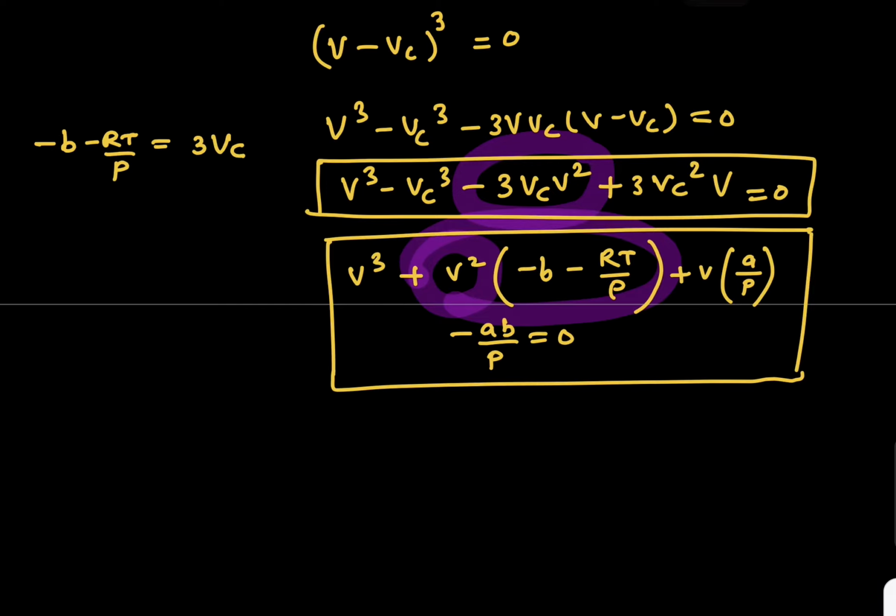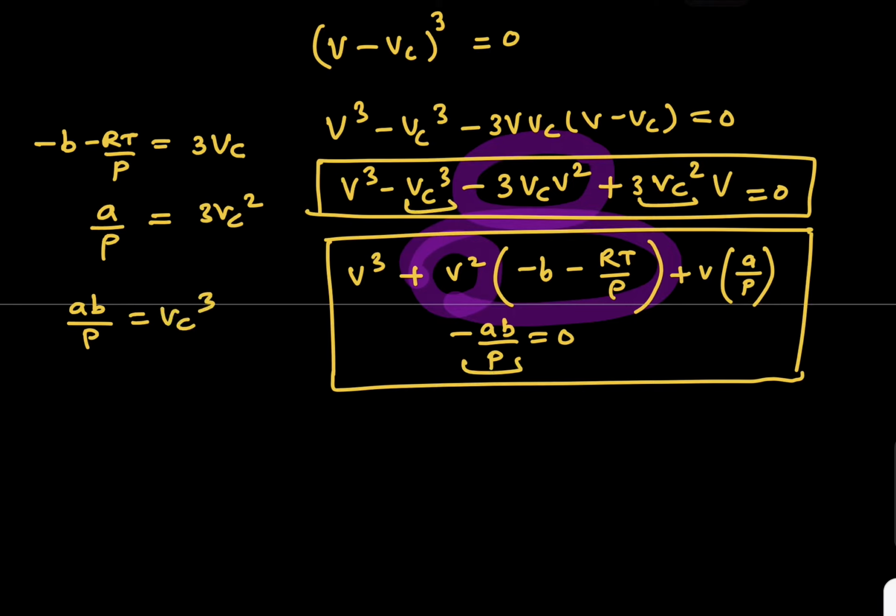Now the next information, take the V term. 3Vc squared is equal to a upon P. That's the second relation. And ab upon P is equal to the constant written here, Vc cubed.